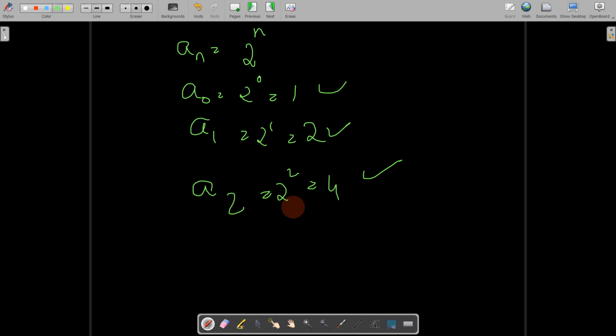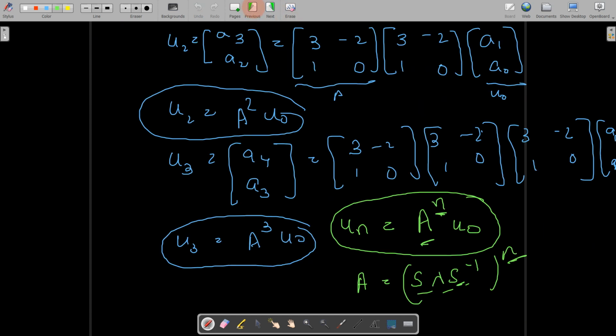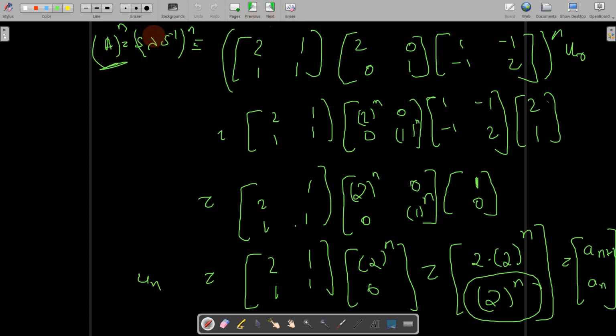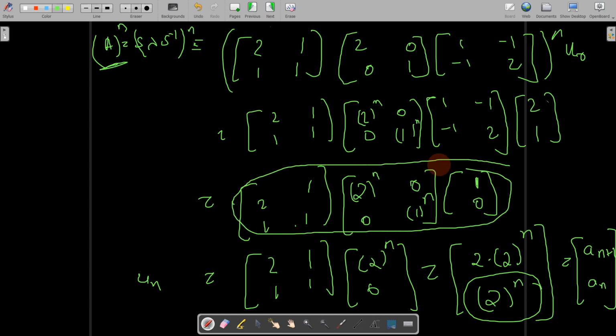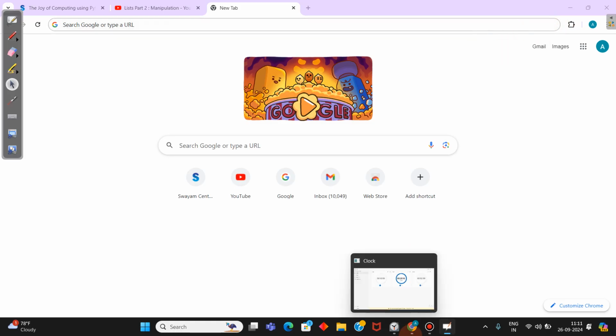This formula has come from the basic concept of A power n, S lambda S inverse power n only, but we will just generalize this part. We will convert this matrix form into the row view, meaning lines that are intersecting. Okay, line view. And we can find the closed form of the recurrence relation faster in that way.